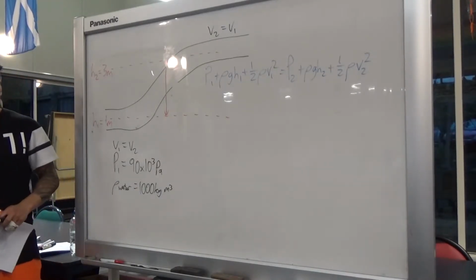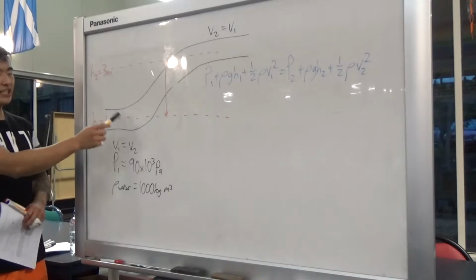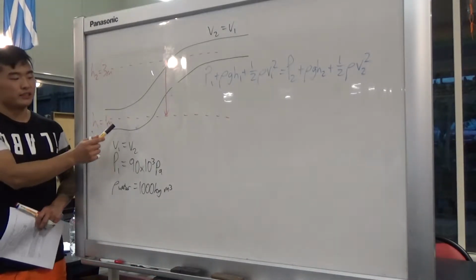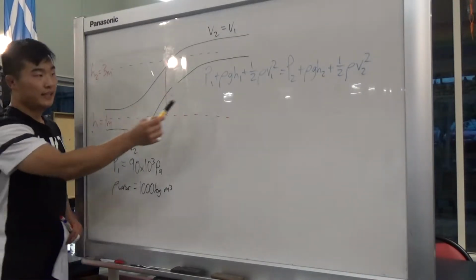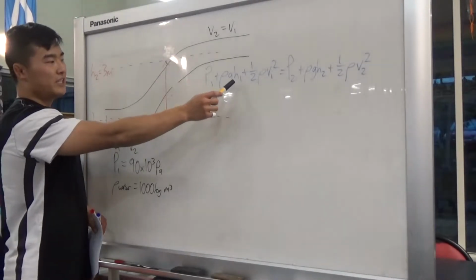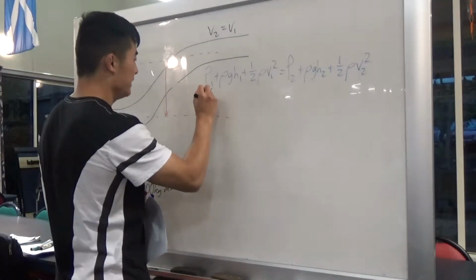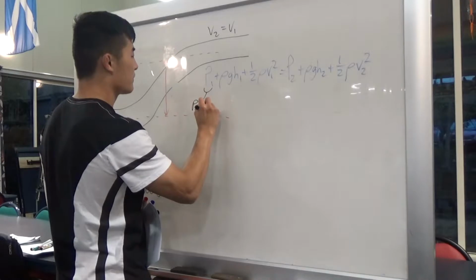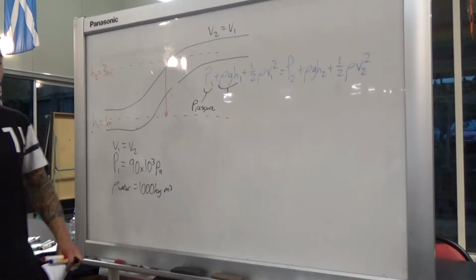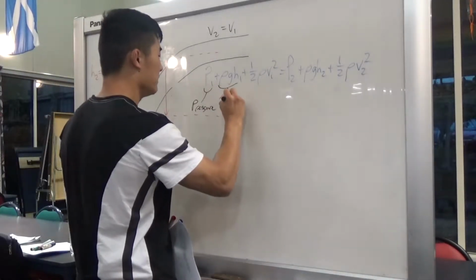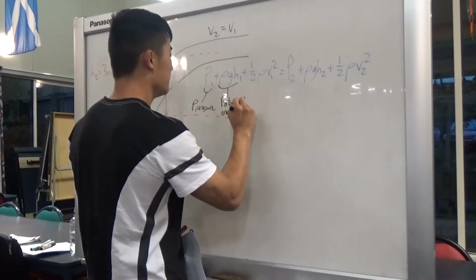Okay, so P1 and P2, that's the pressure at that point. So P1 would just be the pressure at this point here, and then this part here, the rho GH, is the potential energy that it has due to height.